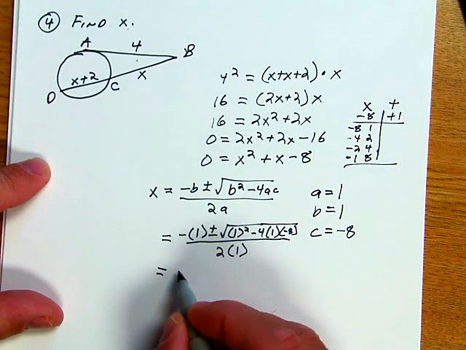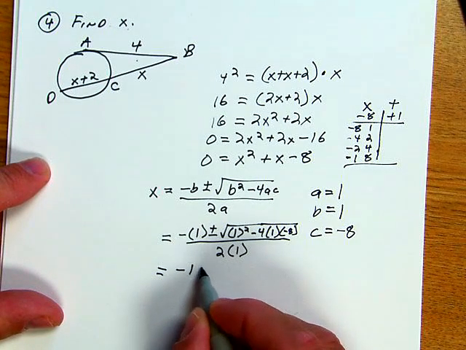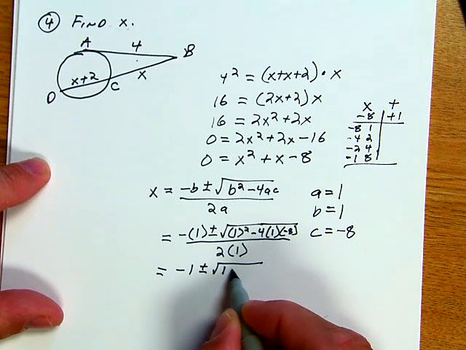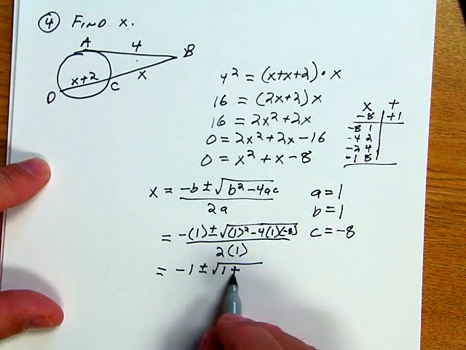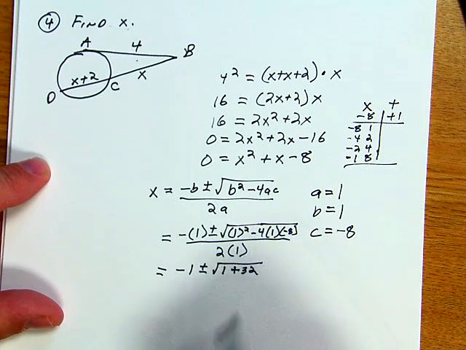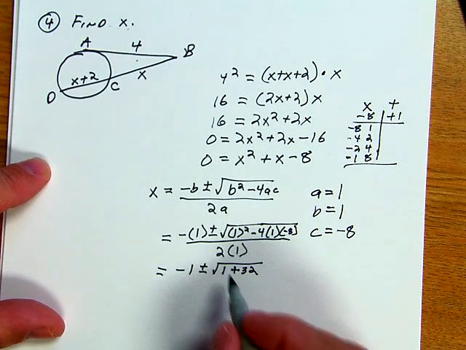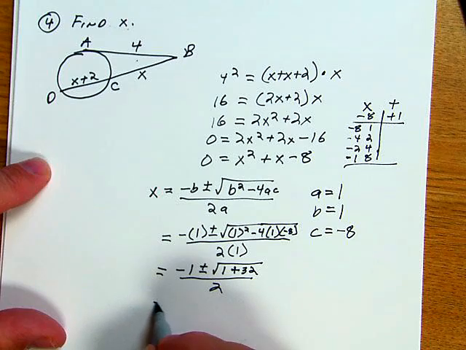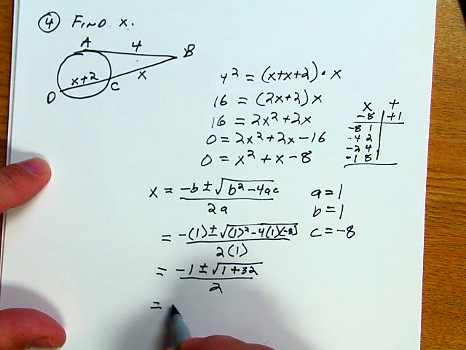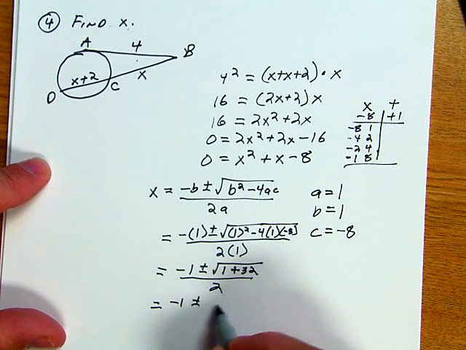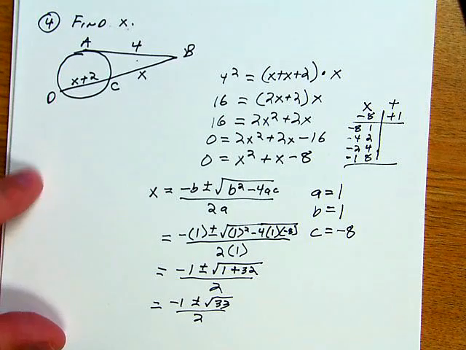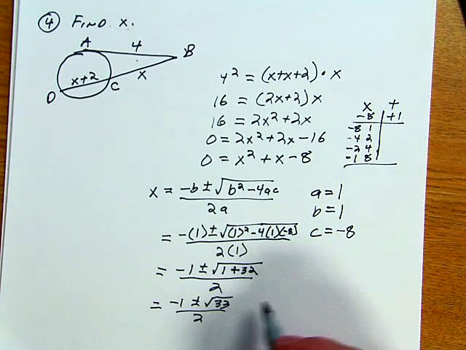So I write that all out. I get negative 1 plus or minus the square root of 1 minus, a minus and a minus is a plus, so plus 32. 8 times 4 is 32 times 1, all over 2. So once again, I get negative 1 plus or minus square root of 33 all over 2. And I can write that now as two different ways.